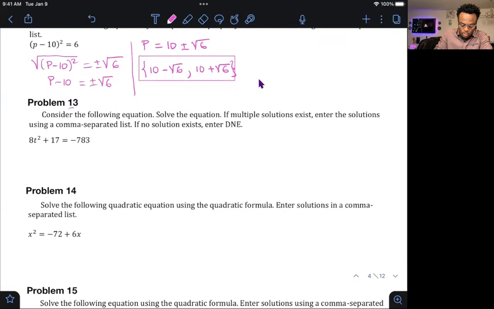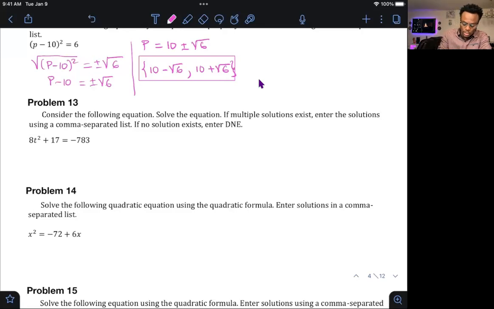Number 13 says, consider the following equation. Solve the equation. If multiple solutions exist, then enter the solutions using comma signs. If no solution exists, enter DNE, meaning does not exist.